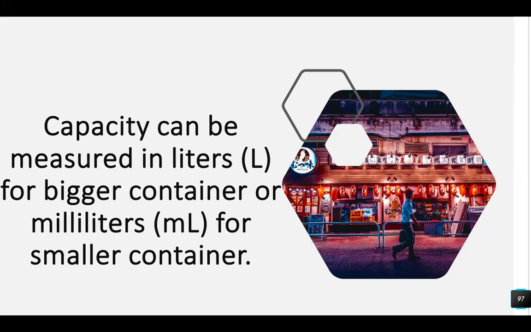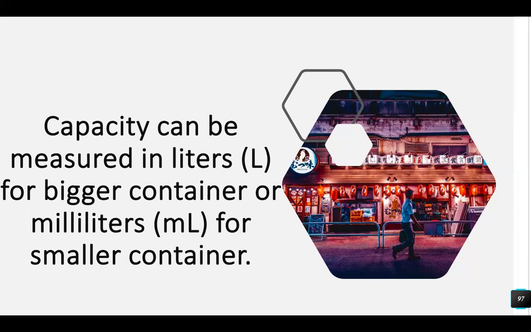So capacity can be measured in liters. When our container is big, we can use liter. For a small container, we can use milliliters or ml. Our small bottled water, if you see, there are 330 ml and 500 ml.